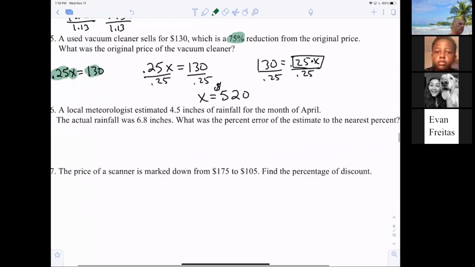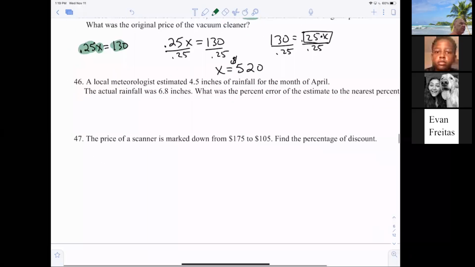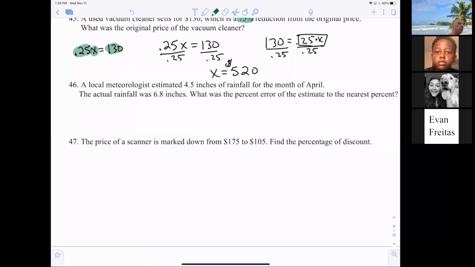Knock out 46. A local meteorologist estimated 4.5 inches of rainfall. The actual rainfall was what? 6.8. So the error, remember the error is always the difference divided by the actual.